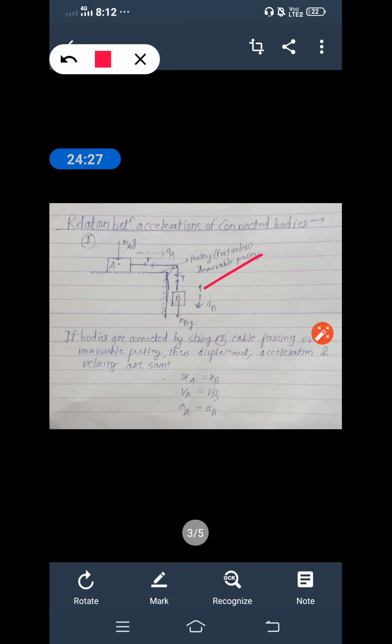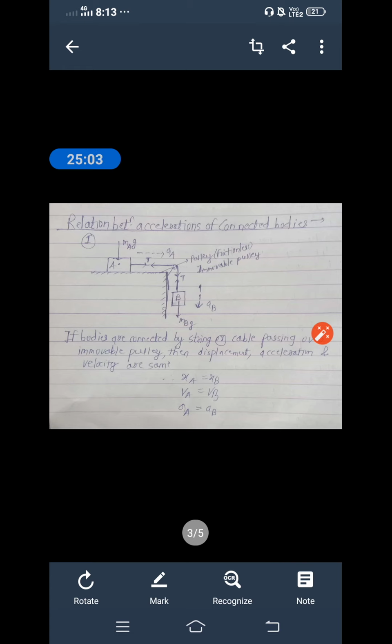Means this string is passing over the pulley, but the pulley doesn't move. In other words, the center of that pulley does not move in any direction, it remains as it is. The center or CG of that pulley remains as it is. That's why we say that pulley is an immovable pulley.